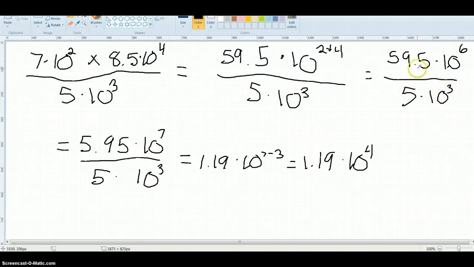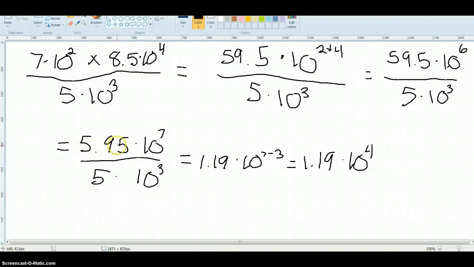And since scientific notation has to have only one digit in front of the decimal point for the first significant figure, if this decimal place has to move over 1, that's going to be the same as adding 1 over here. So we have 5.95 times 10 to the 7th equals 59.5 times 10 to the 6th. So now we're going to combine these coefficients.